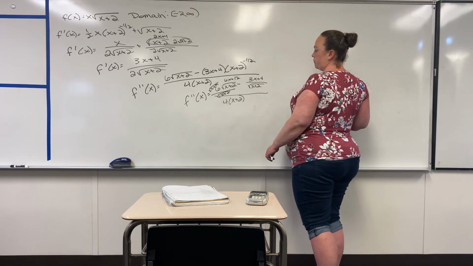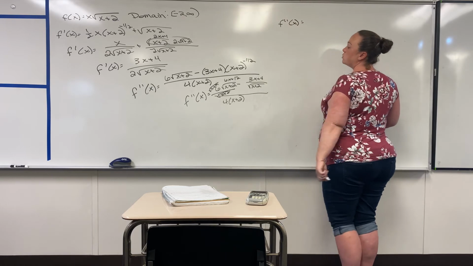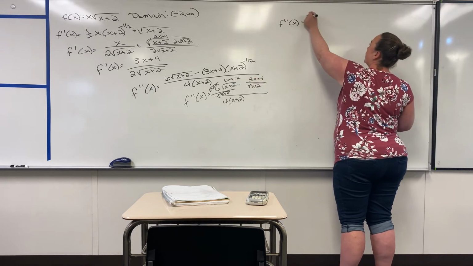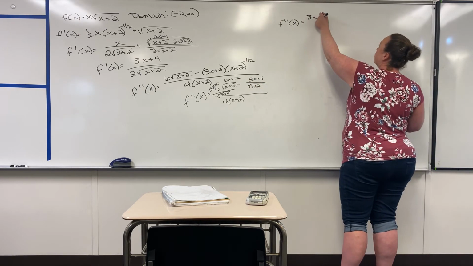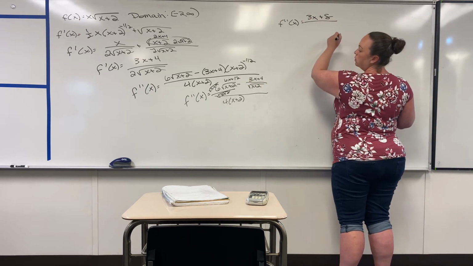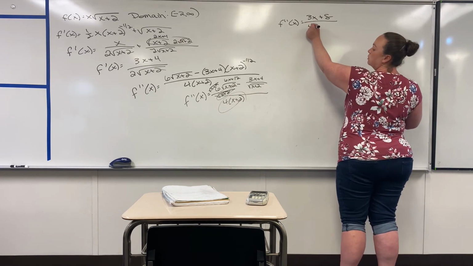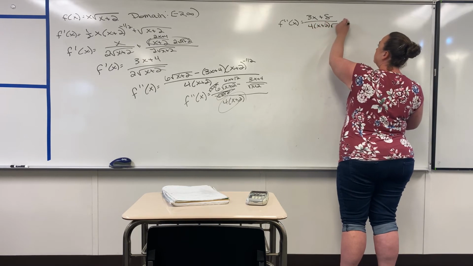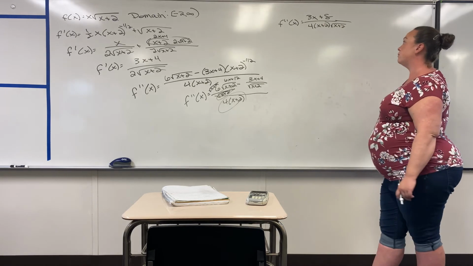Okay. So then you're looking at 6x minus 3x, you got 3x. 12 minus 4, so plus 8 over this one and this one, so you put them together. So there's your second derivative.